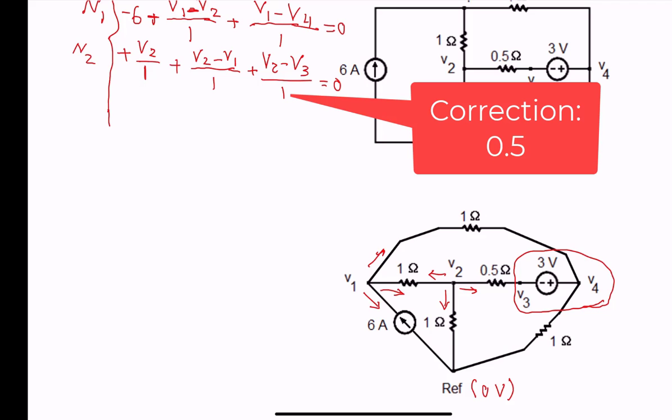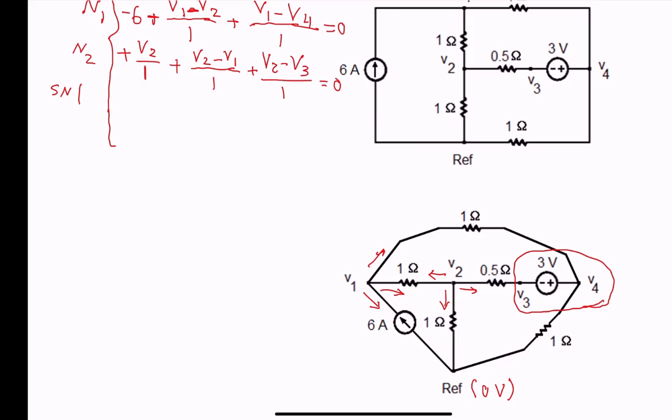A supernode. Supernode includes nodes 3 and 4. So let's start with the current going left from node 3 to node 2, and then we go clockwise along the red line to get the other terms.